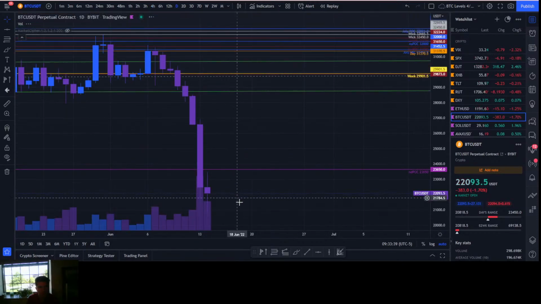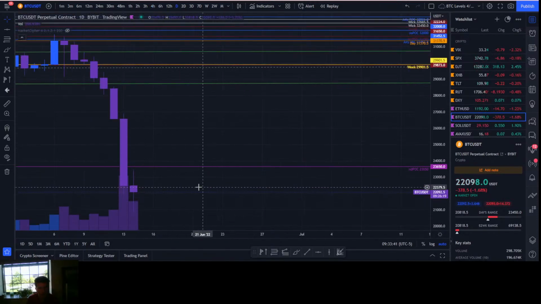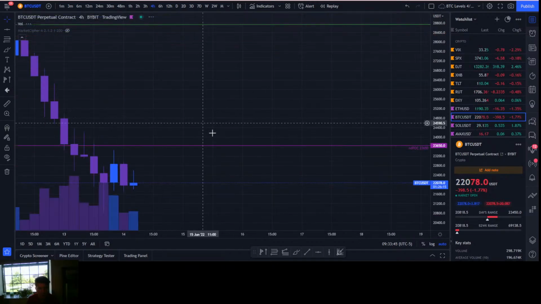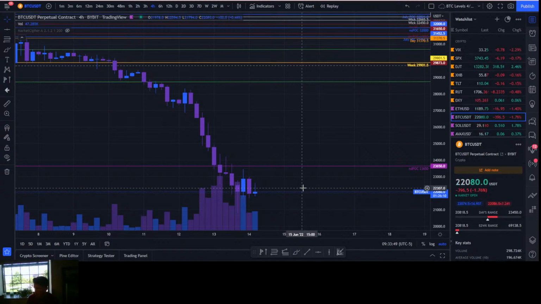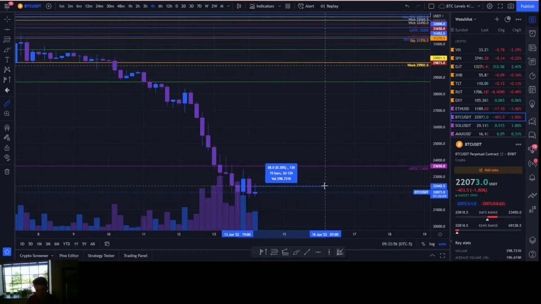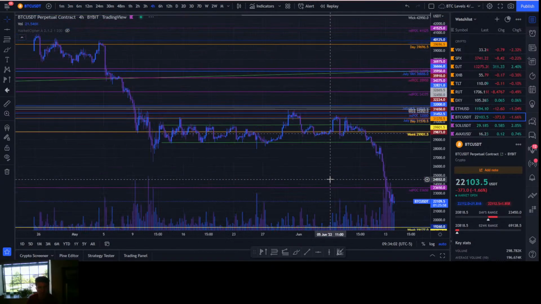Looking at the daily time frame, you want to see more sideways action. At the least, you want to see more on the 4-hour time frame. It's subjective, but you typically want to see a longer range. So if this range continues for another 2 days, it'd be a nice range to trade.